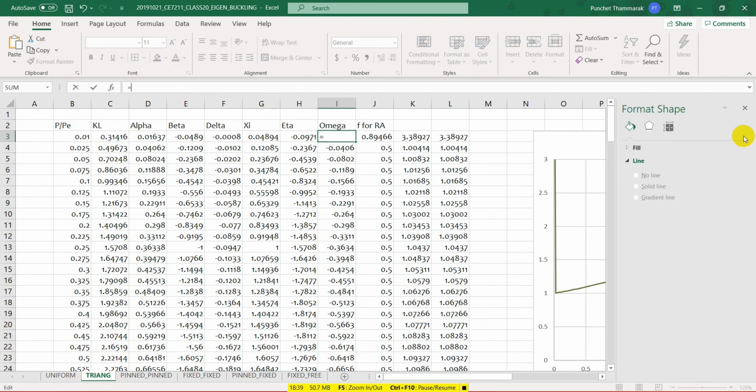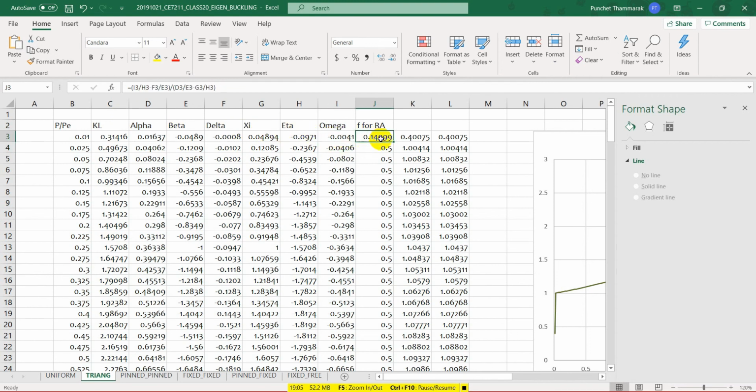It is 1 over KL square minus 0.5 minus cosine, divided by KL square. Okay, and get the omega, and then we need to get the R.